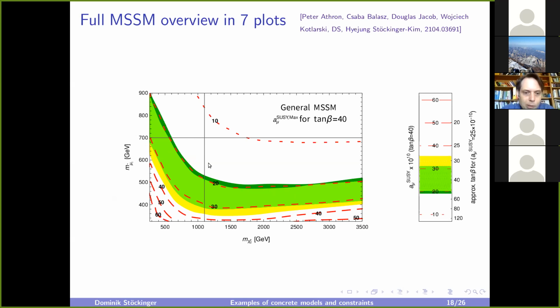Here the black vertical line denotes the best possible LHC limit on chargino masses of 1.1 TeV. This is the highest LHC limit found at all under certain conditions. And the highest limit on slepton masses is around 700 GeV.